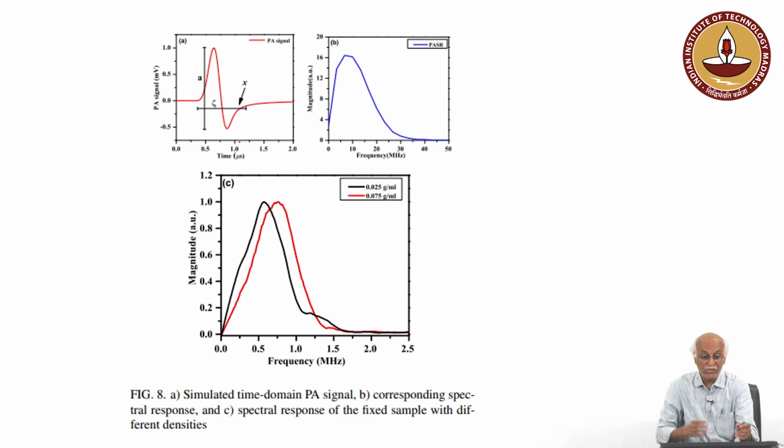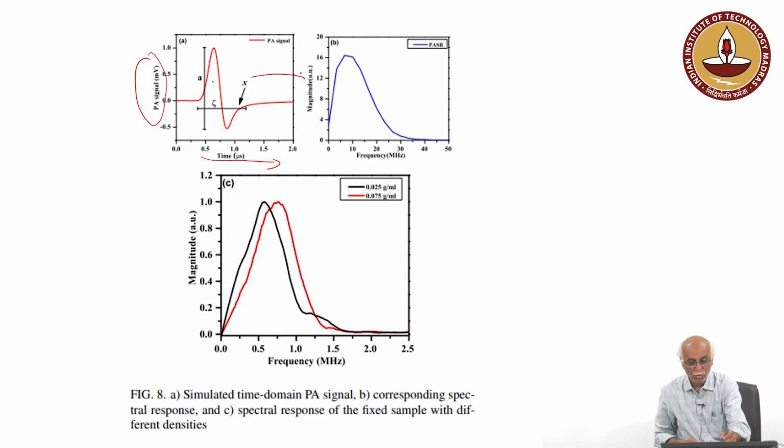The acoustic signal generated in the time domain is captured using a digital oscilloscope with the acoustic transducer, and then through Fourier transform we can convert this signal into the frequency range.